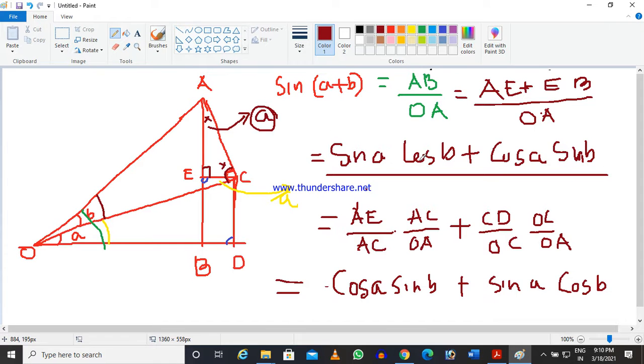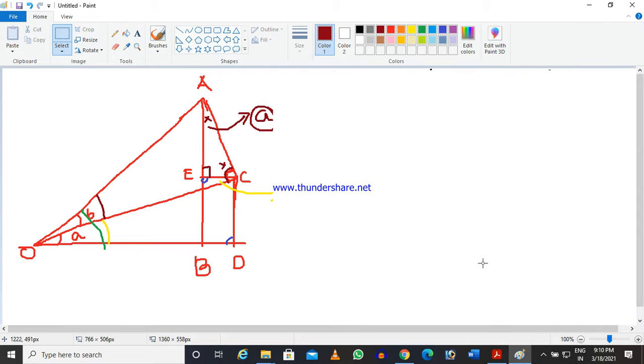So sin(A+B) is equal to sin A cos B plus cos A sin B. If it is minus, here also it will be minus. Similarly, we can prove the other formula also.